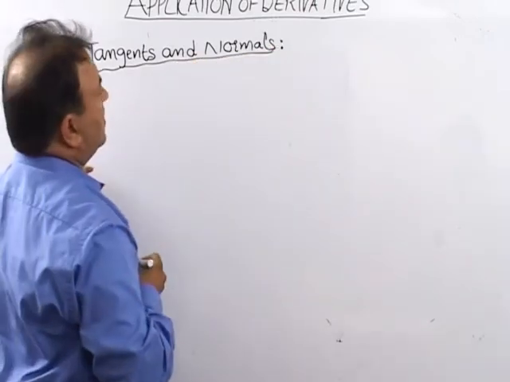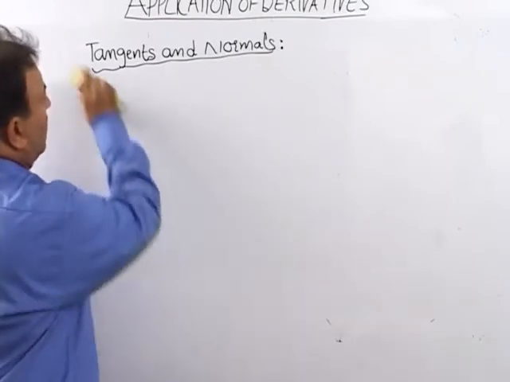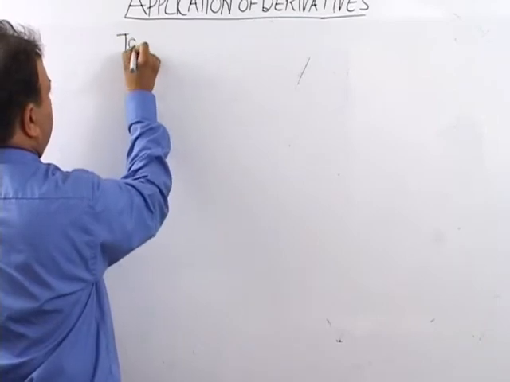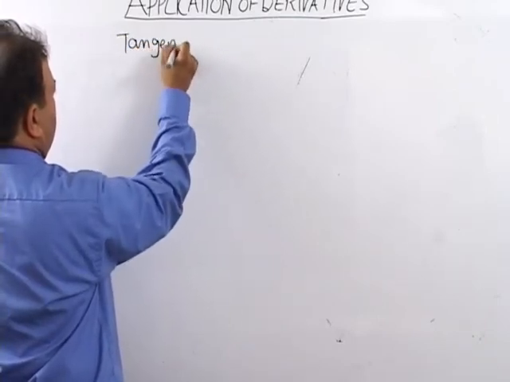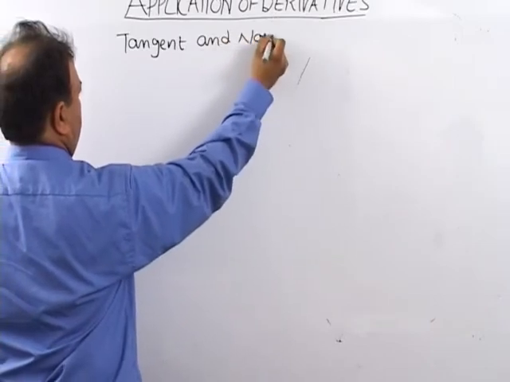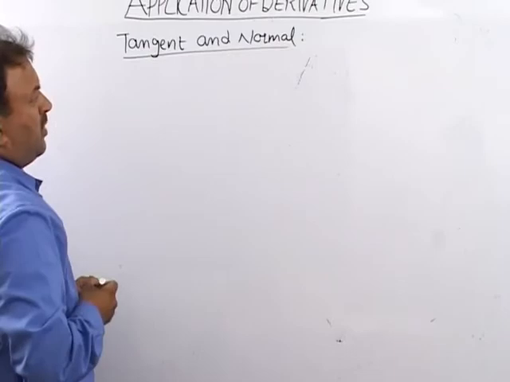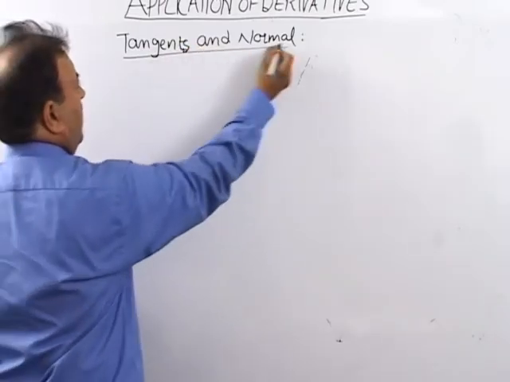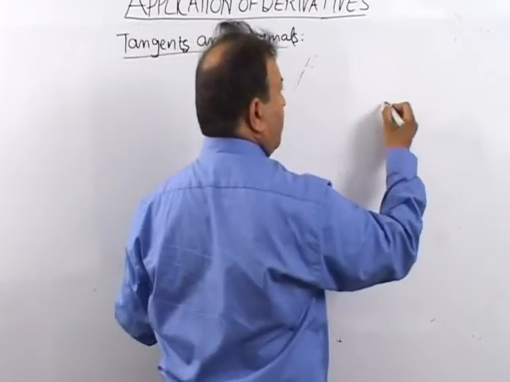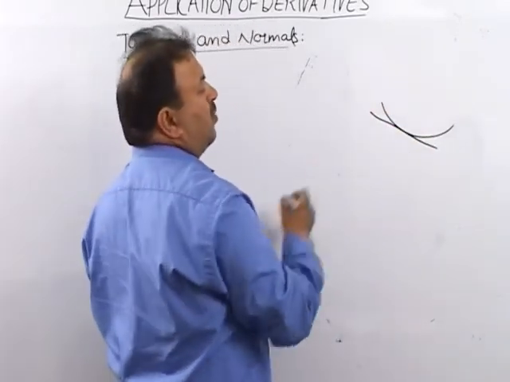Tangent and normals. टेंजेंट क्या होता है? किसी कर्व को जो जस्ट टचेज एट वन पॉइंट, तो इसको हम बोलेंगे टेंजेंट.